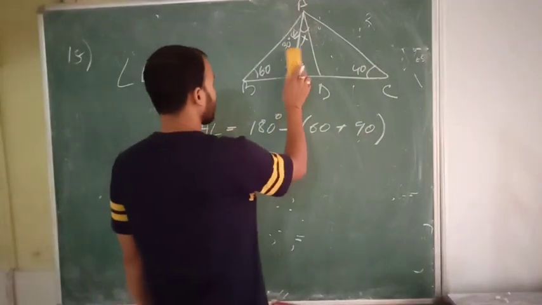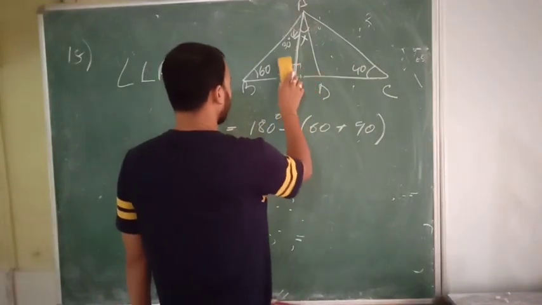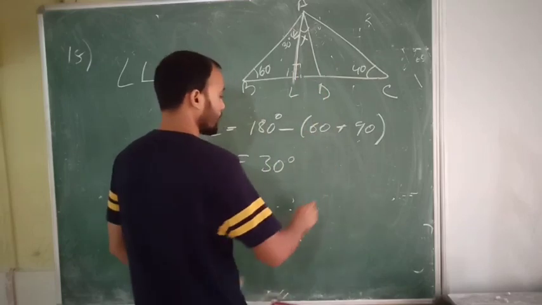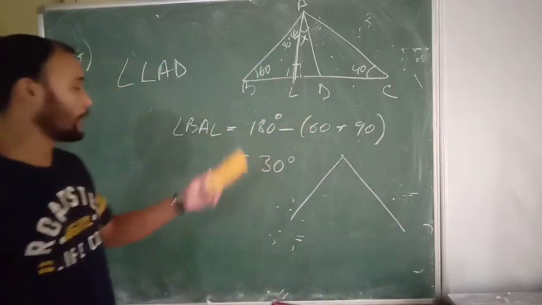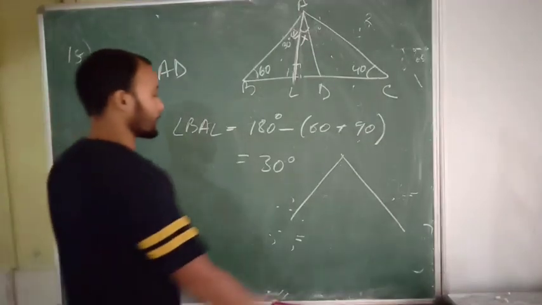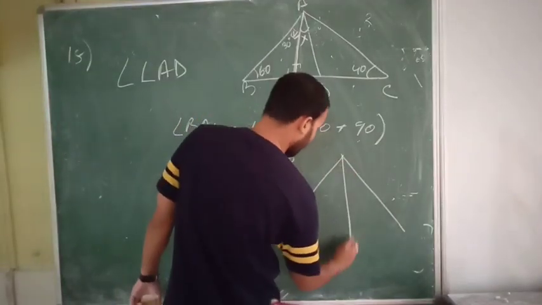Now see an important part. Bisecting, what is given? ABC is an angle. AD is the bisector. A bisector always divides the angle into equal parts.